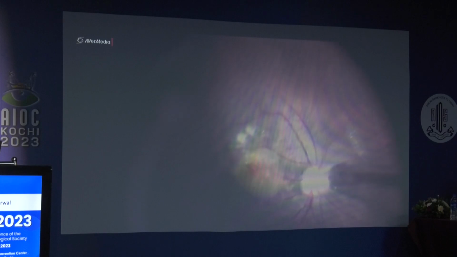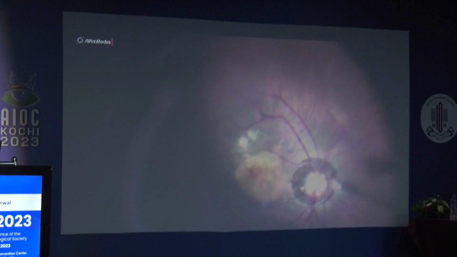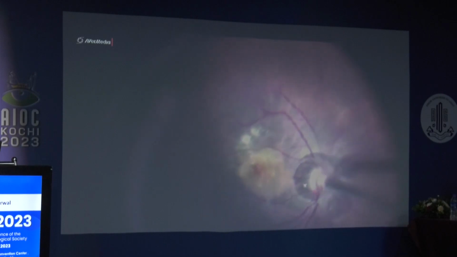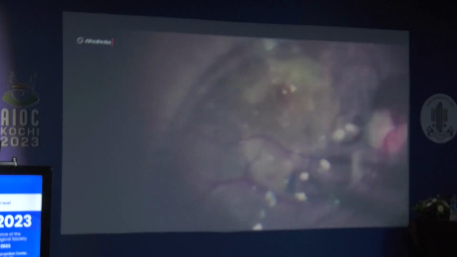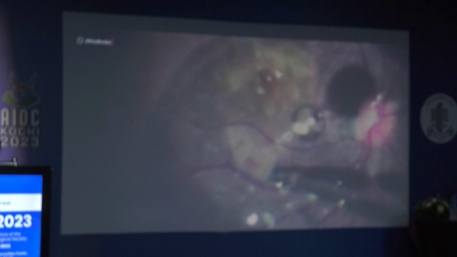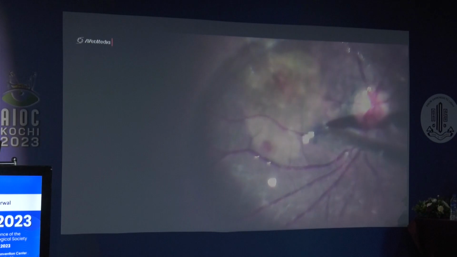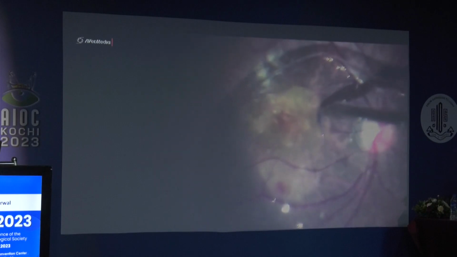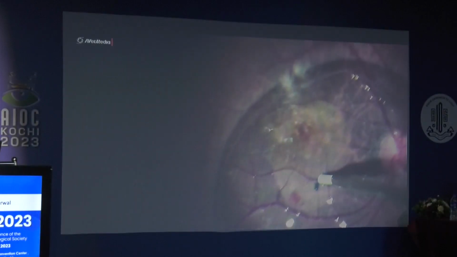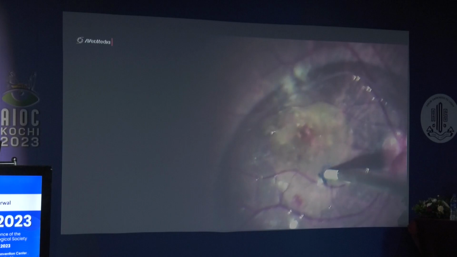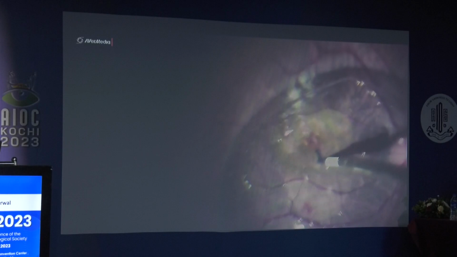Now PFCL was injected. ILM free flap was made. Using silicone tip, this free flap was positioned in the macular hole gently.